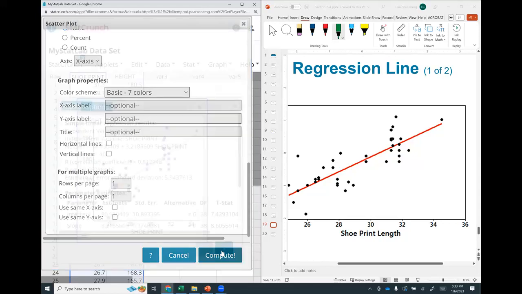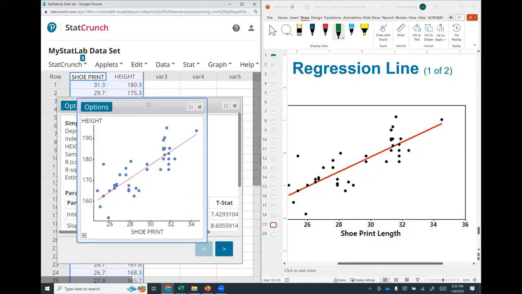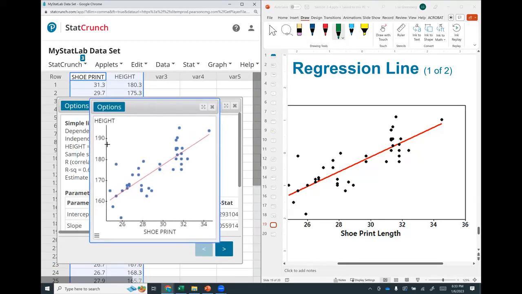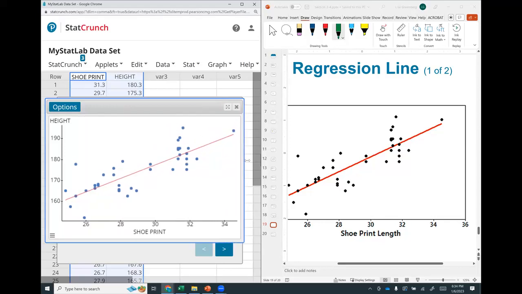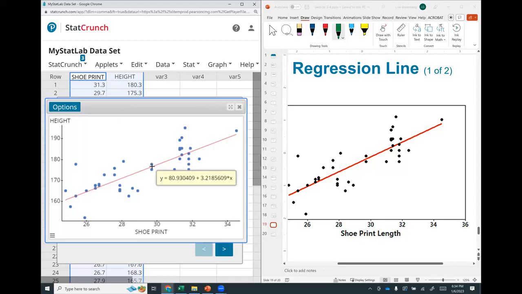So let's compute. And we have a graph. Okay, so that looks pretty close, right? And if I hover over this line, notice I have an equation, okay?